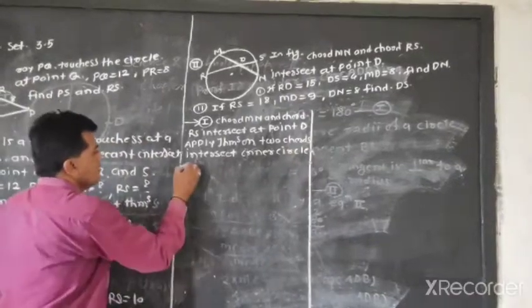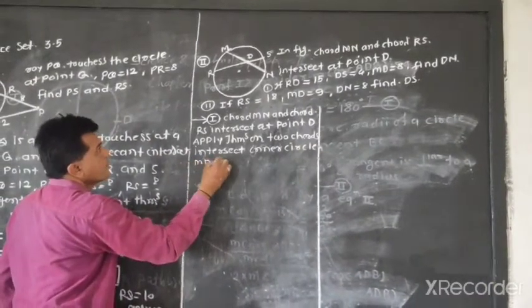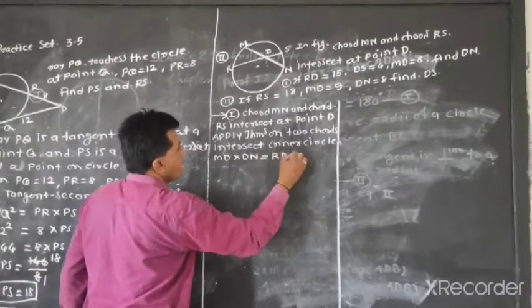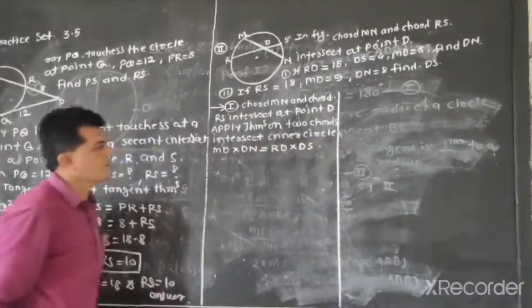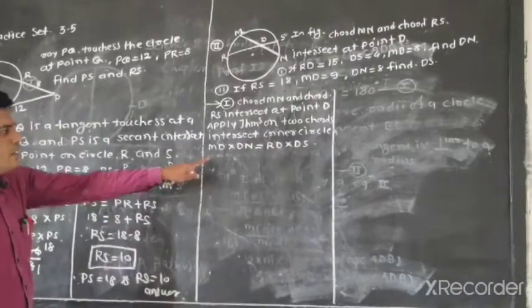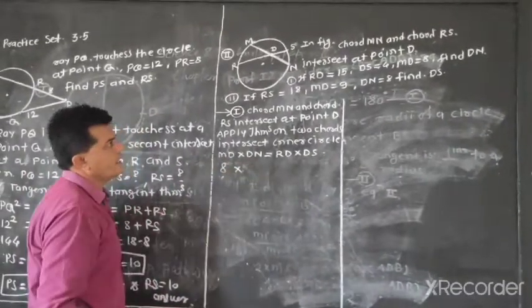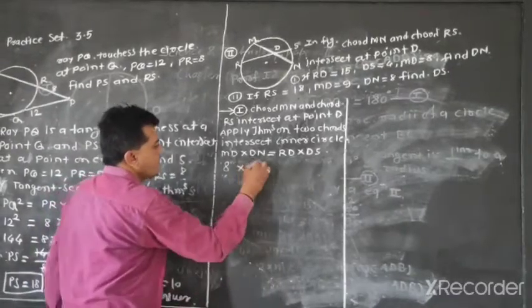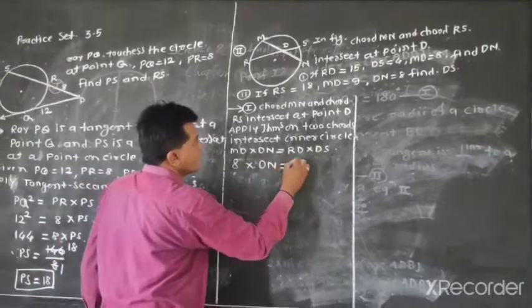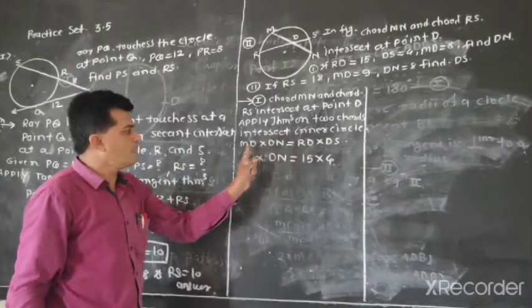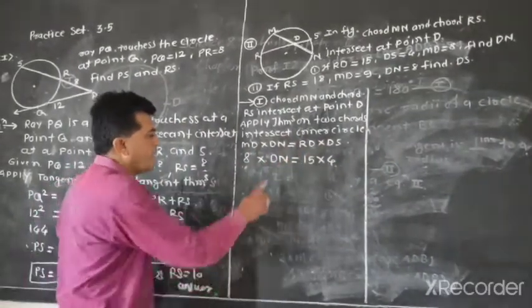That is MD multiplied by DN is equal to RD multiplied by DS. Here the value of MD is 8, RD is equal to 15, and DS is equal to 4. These are the given values of MD, RD and DS, and we find DN.